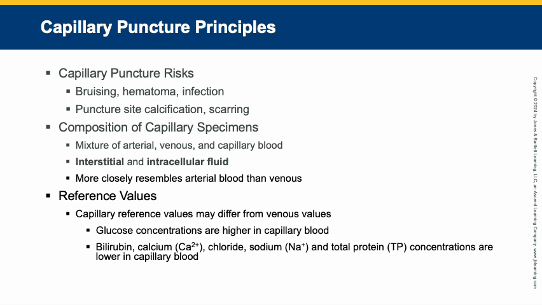Capillary hemoglobin and hematocrit values on 1-day-old newborns are known to be up to 12% higher than venous blood. Potassium levels may be falsely elevated if there is tissue fluid contamination or hemolysis of the specimen.